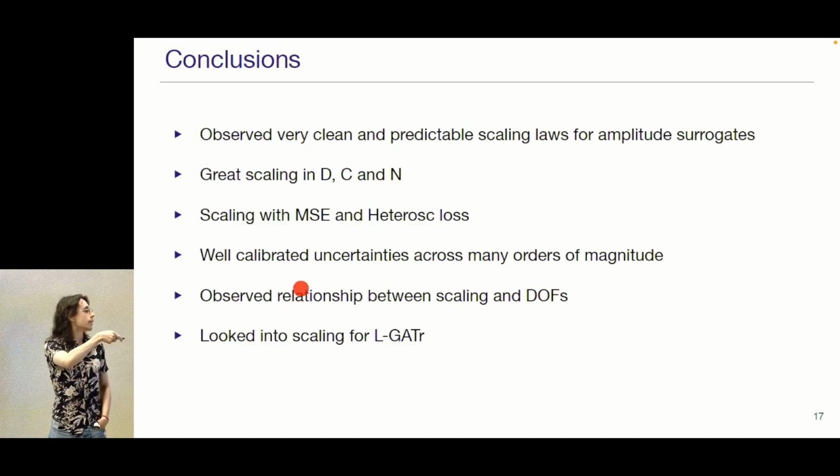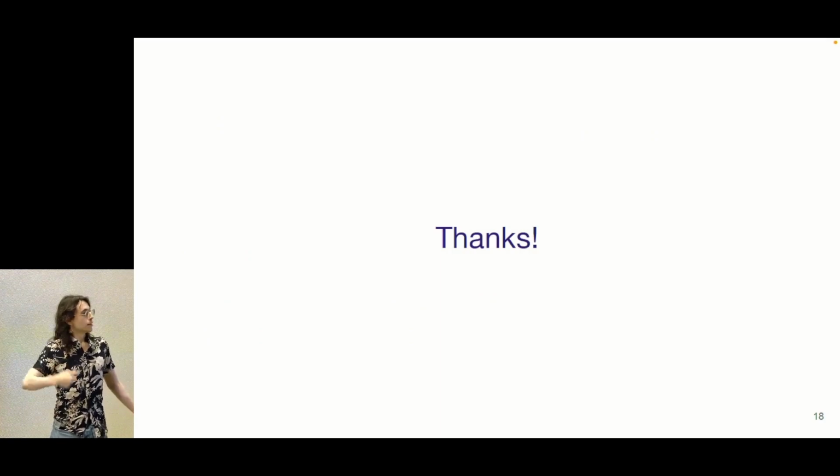We observed a relationship between the scaling and the degrees of freedom, which is also very interesting. And okay, we started looking into the scaling of this fancy architecture, but it takes time. So that's it.